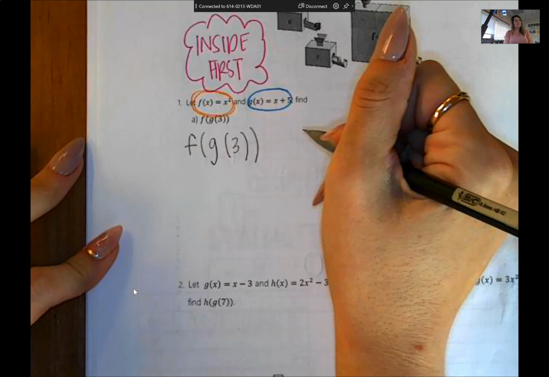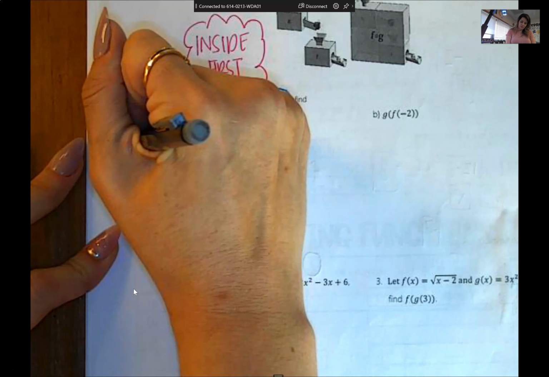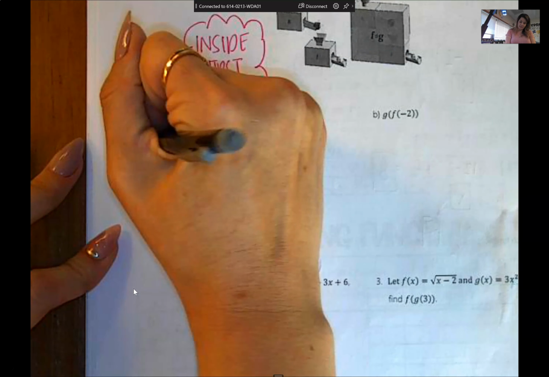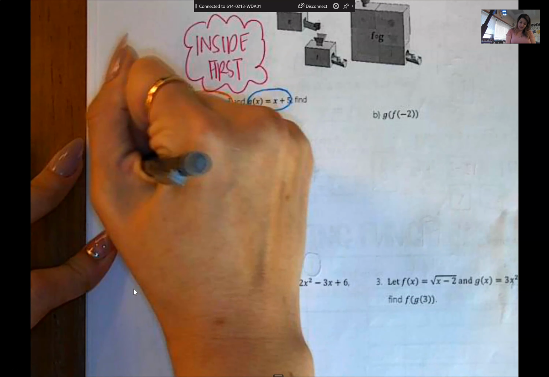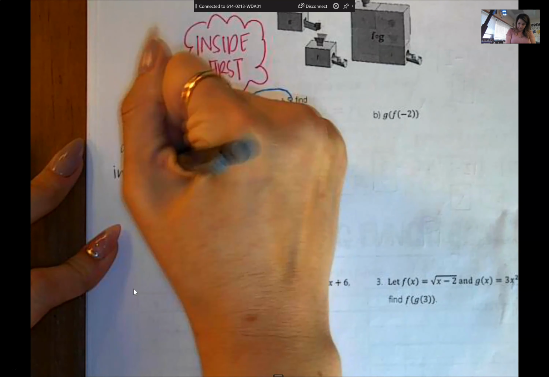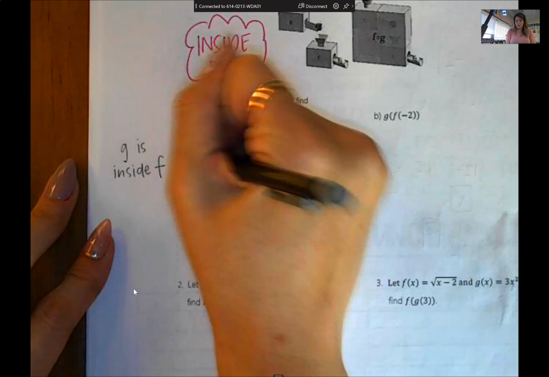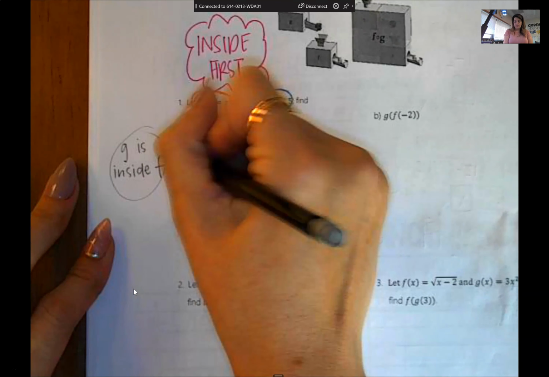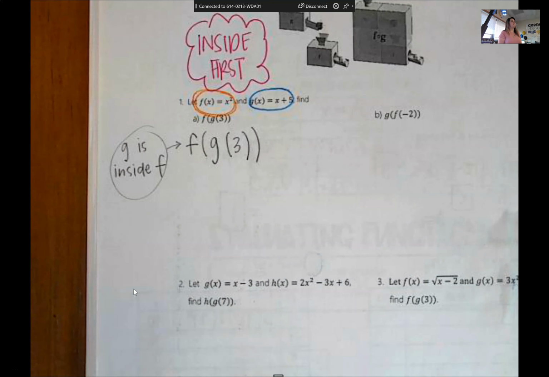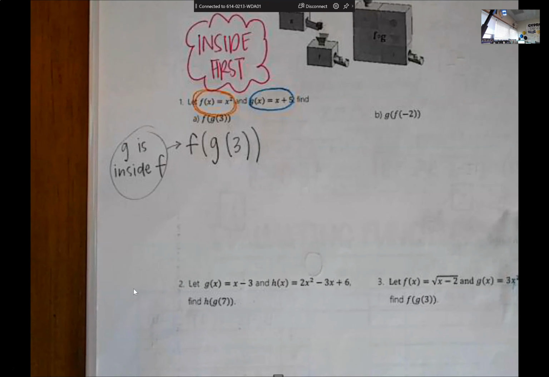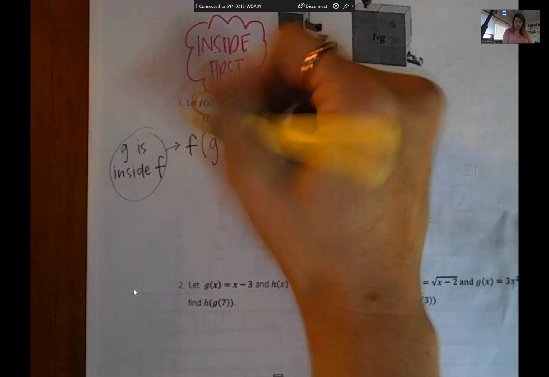So in this case, g is inside f. This is an example of where the function g is inside of the function f. So they are telling us we must find this first.